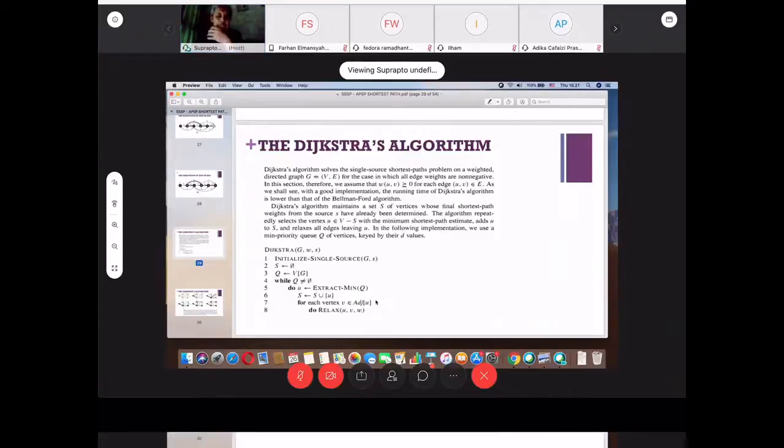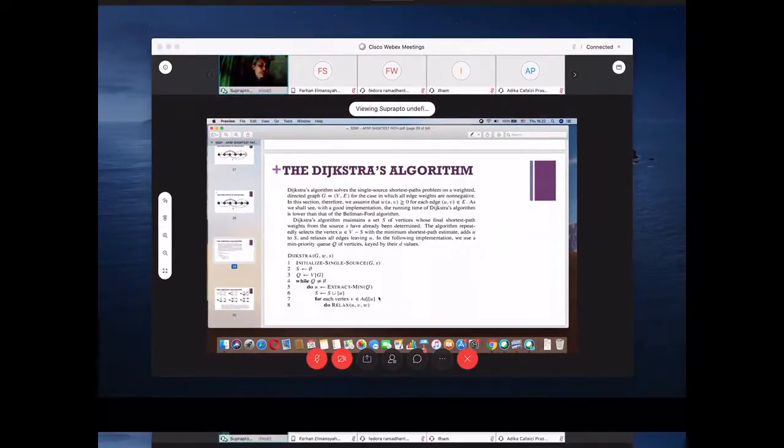But in the Dijkstra algorithm, it's already guaranteed that there is no negative weight cycle. So this algorithm doesn't have to take that step, and it saves time. The running time of this algorithm is lower than that of the Bellman-Ford. Okay, now let's take a look at the code of the Dijkstra algorithm.